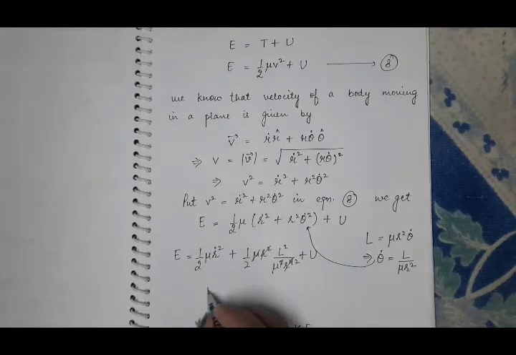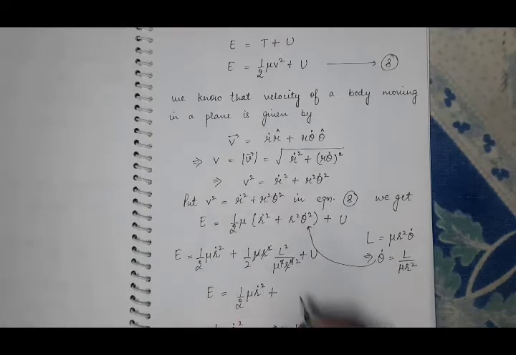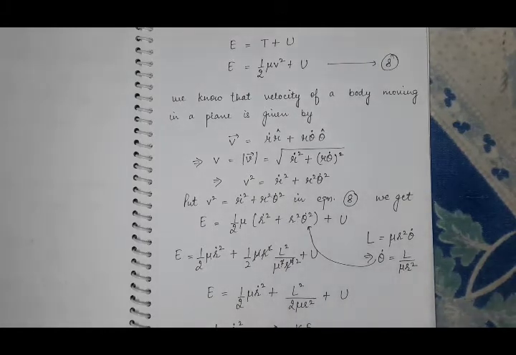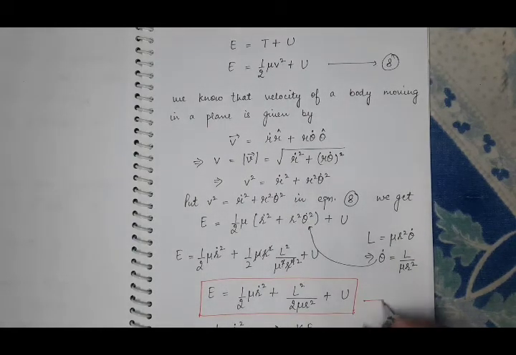So the expression of total energy comes out to be half mu r dot square plus L square by 2 mu r square plus U. This is the expression of total energy of the reduced mass, and suppose this is equation 9.